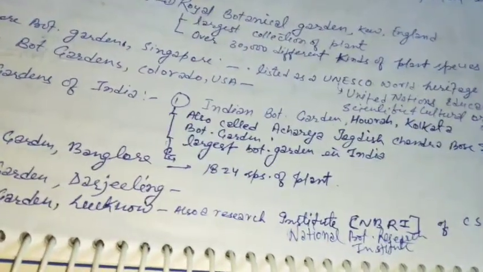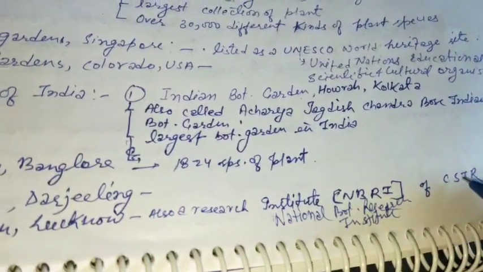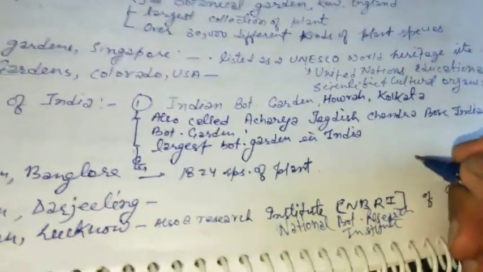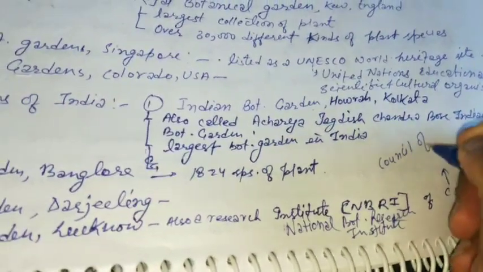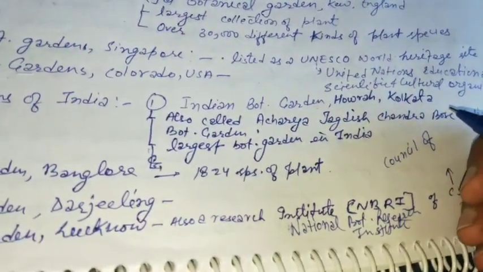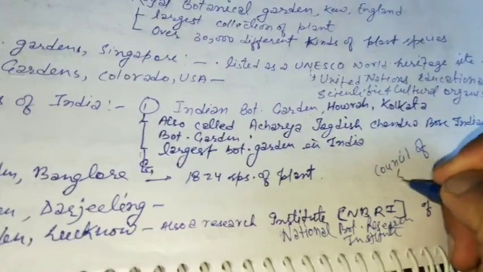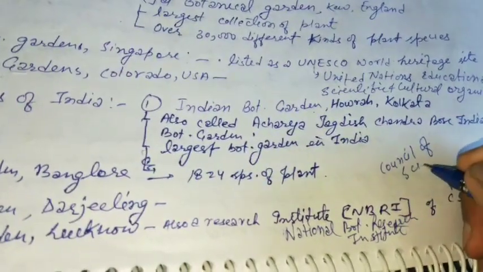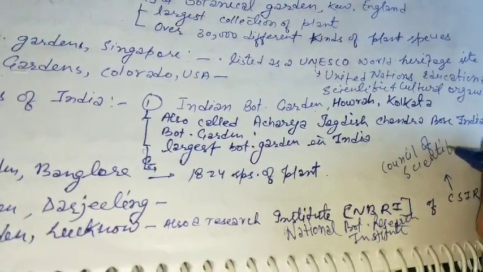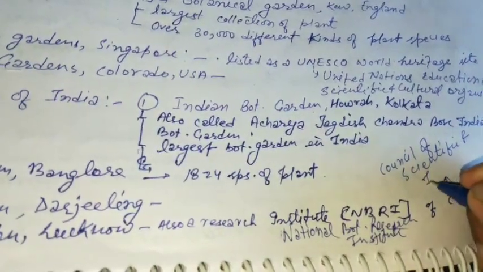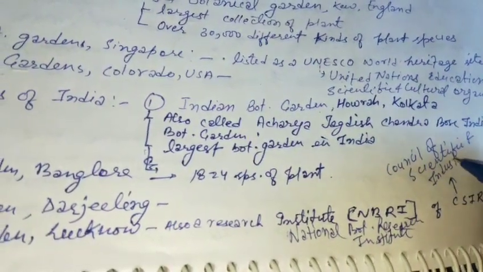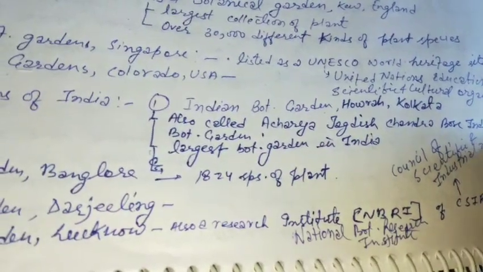The full form of CSIR is Council of Scientific and Industrial Research.